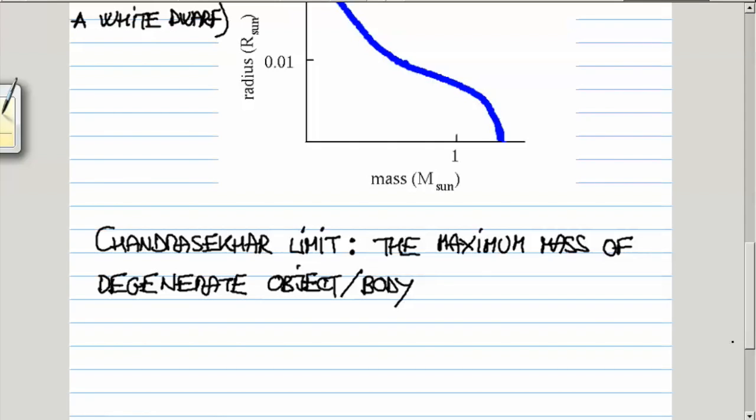One would be spin up, the other one would be spin down. And for a white dwarf, it turns out the precise value of the number depends on what the object is made of. White dwarfs are made mostly of carbon nuclei and some oxygen nuclei. It's 1.4 solar mass.